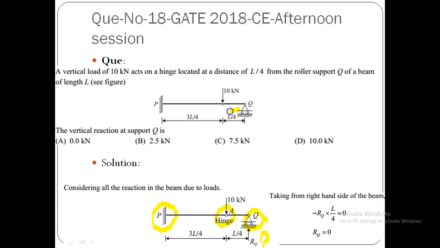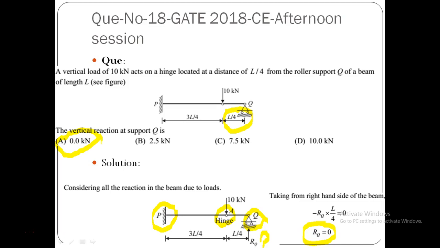This is already given in the problem, and if we equate that to 0, RQ will finally be equal to 0. So your final answer will be option A, that is 0 kilonewton.